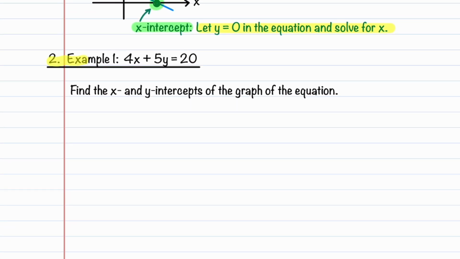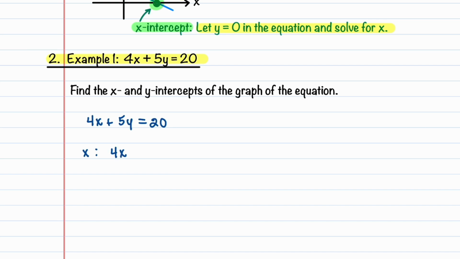In our first example, we want to find the x and y-intercepts of the graph of this equation. Let's start by writing down our equation. It's 4x plus 5y is equal to 20. Let's find the x-intercept first. To find the x-intercept, we're going to let y equal 0.